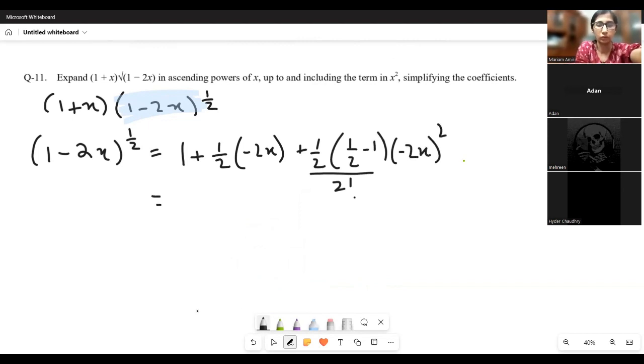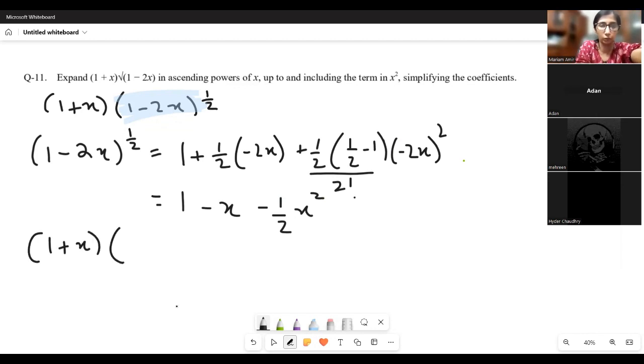So that gives us 1 minus x, and then half times bracket half minus 1 times 4 divided by 2 factorial, just giving me minus half x squared. So now it's going to be 1 plus x times expanded version of that.